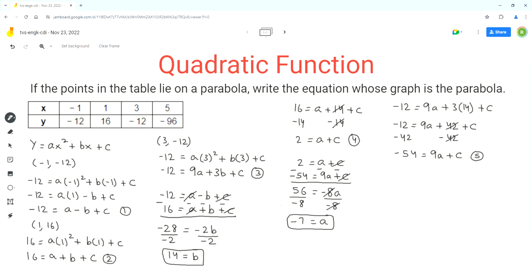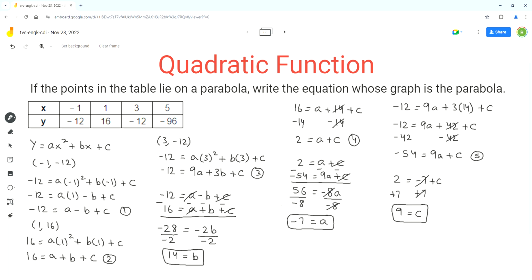Now we can find the value of c by subbing in a as negative 7 in equation number 4. We can add 7 to both sides to isolate c. I get c equals 9.